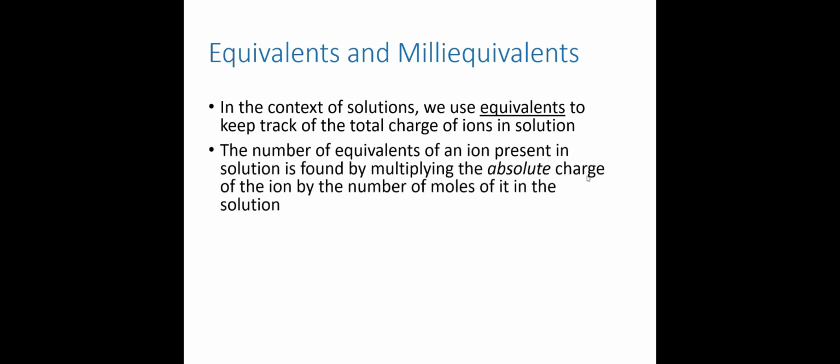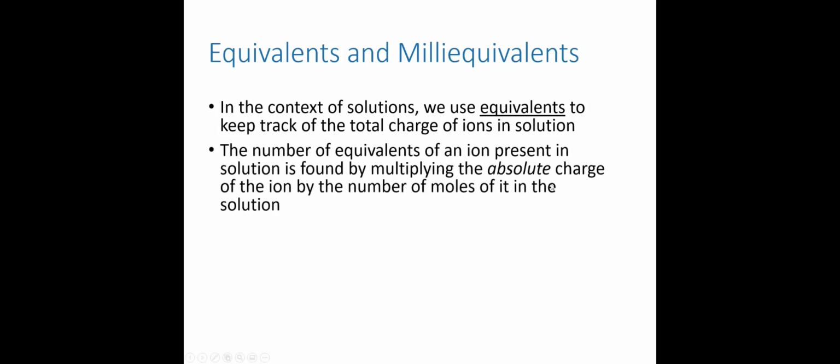Equivalents are useful for keeping track of the charge in a solution. And so it's going to be ultimately used here when we divide this by volume as another concentration unit.